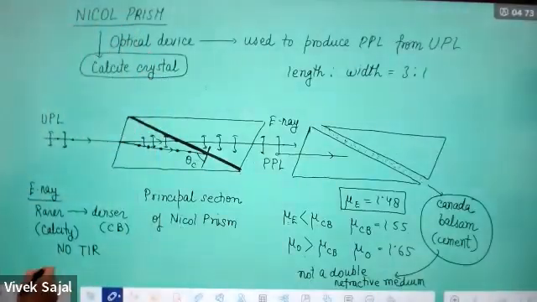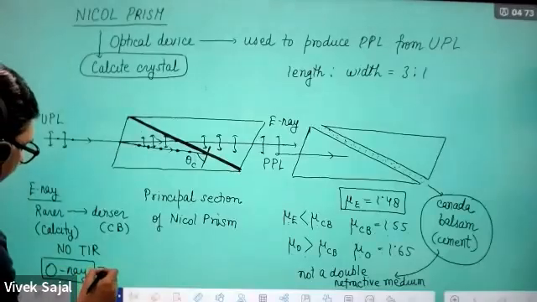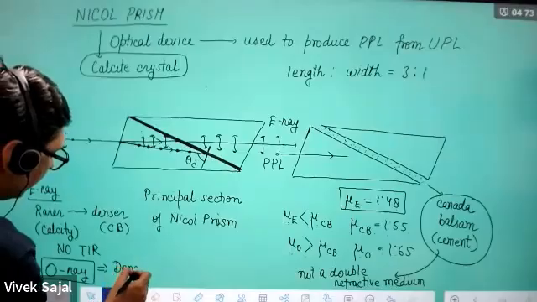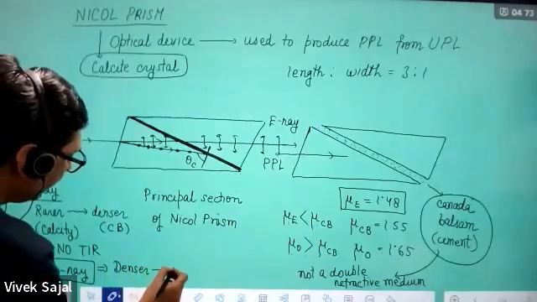So in case of the O ray, light is traveling from denser to rarer medium.